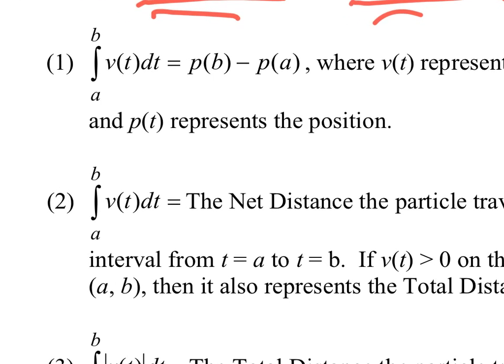So here we go. If you integrate from a to b of velocity, the antiderivative of velocity is position. He used the p just to stand for position. Obviously, you plug in the top and you plug in the bottom with a minus.